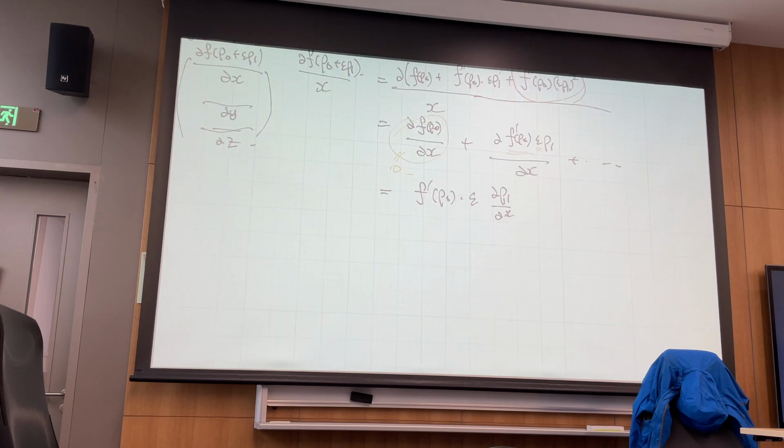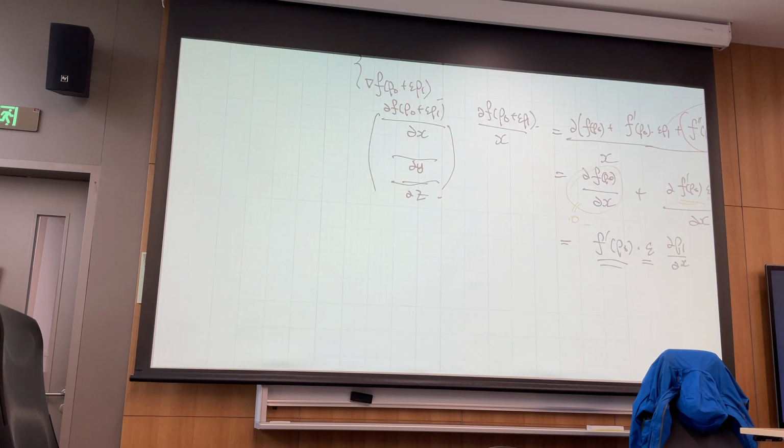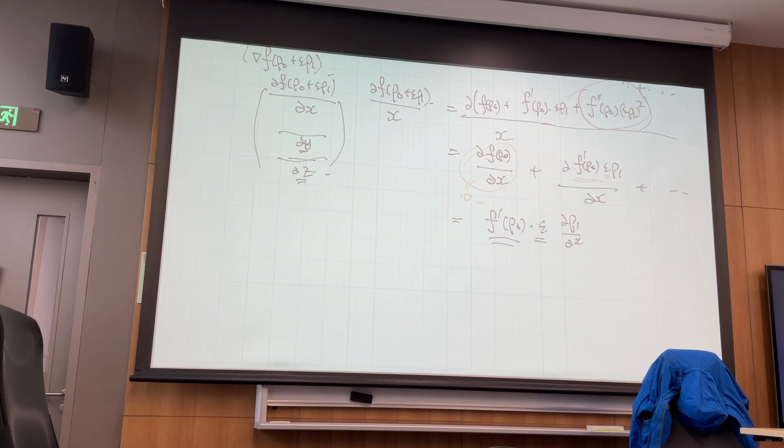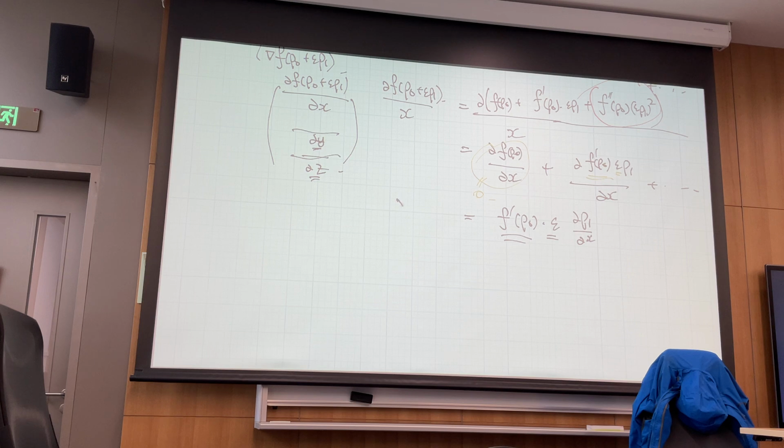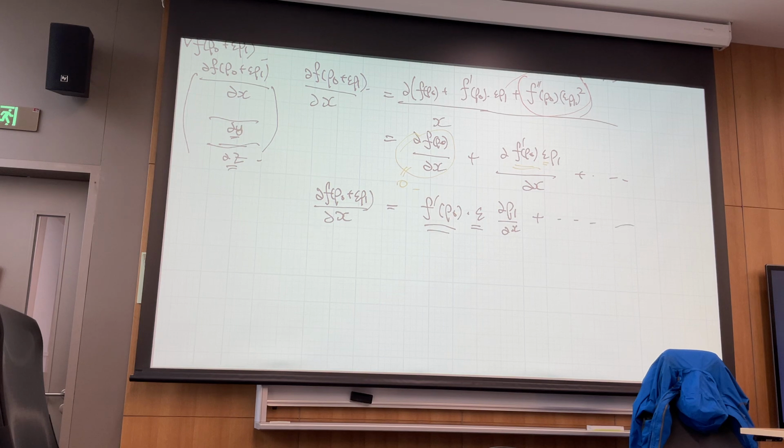The first two terms have nothing to do with x. That means if I repeat this for partial y and partial z, these terms will appear again. To conclude, the partial derivative of f of rho 0 plus epsilon rho 1 with respect to x equals this, plus higher order terms. The same happens for y: f prime rho 0 times epsilon times partial rho 1 over partial y, plus the higher order terms.